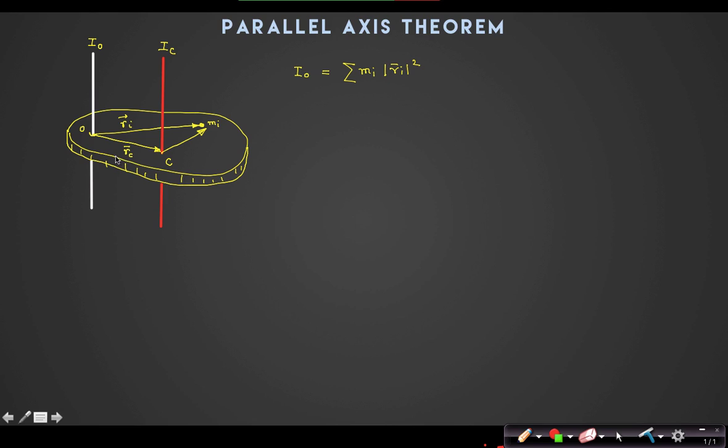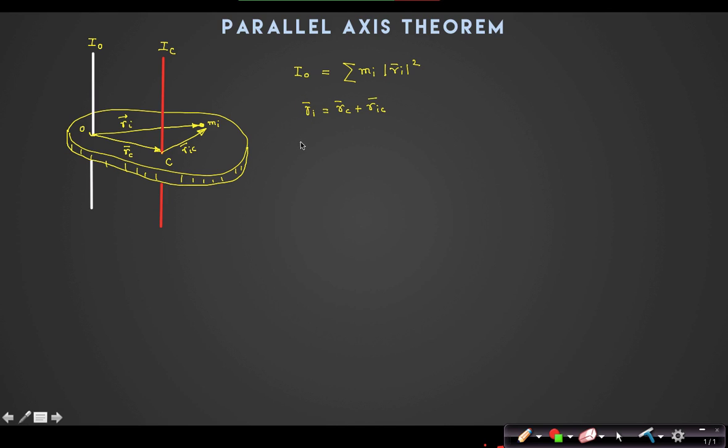RC or not? What is this vector? Position vector of i with respect to C, it is RIC. So I can also write ri vector is equal to RC vector plus RIC vector.